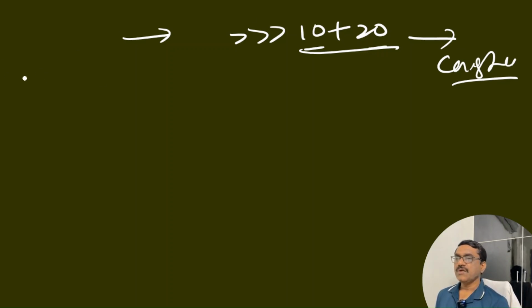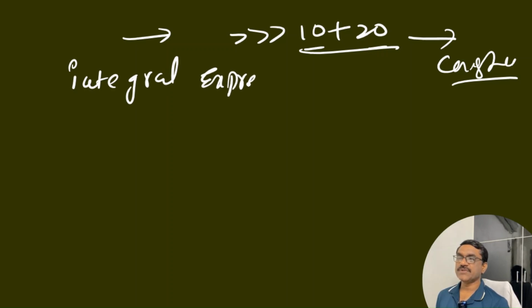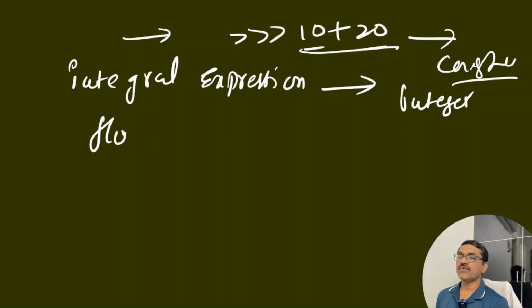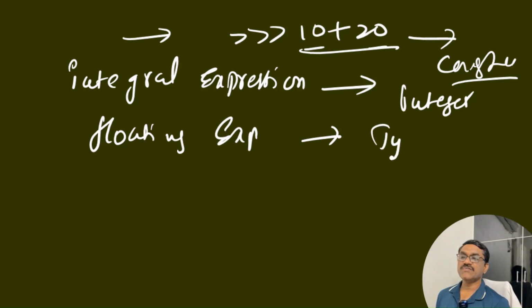Now, one important thing you should remember is that there is an expression called the integral expression, like the floating point expression. An integral expression is an expression which results in an integer value. This is very, very important. In the floating point expression, we use the type conversion concept.